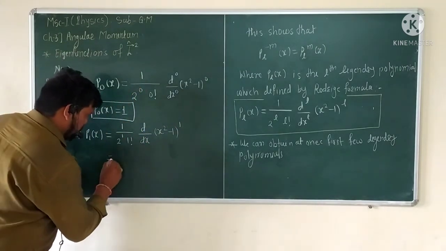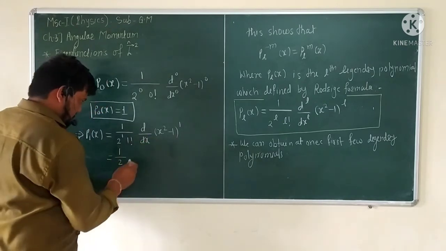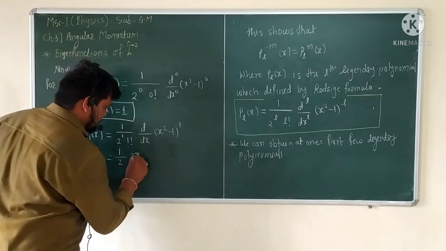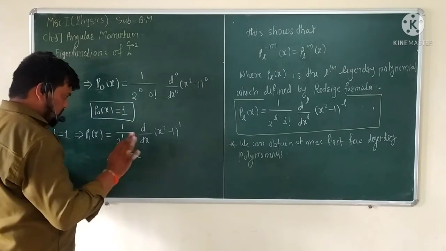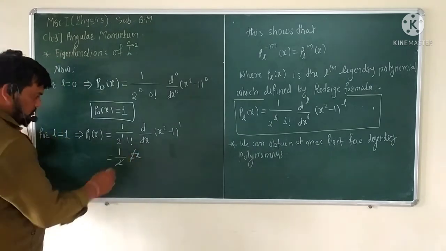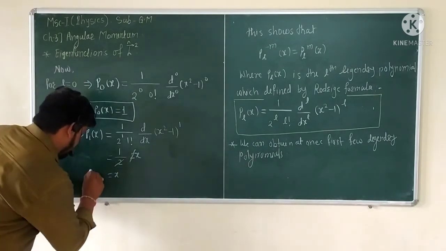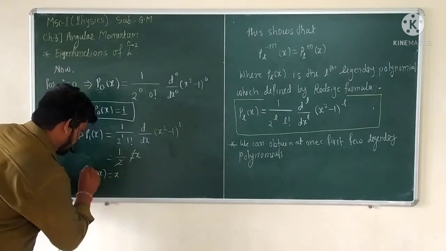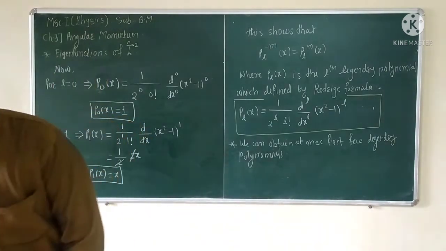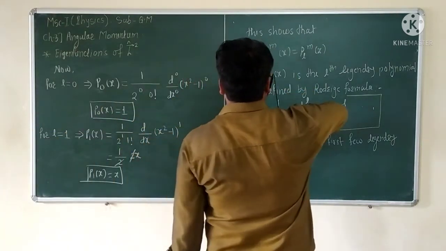Solving this, 2 power 1 is 2, 1 factorial is 1, and the derivative of x square is 2x, and the derivative of the constant is 0. So the 2s cancel, and the final answer is x. So the Legendre polynomial P_1 of x is x. Again, we want to solve this Legendre polynomial for l equal to 2.